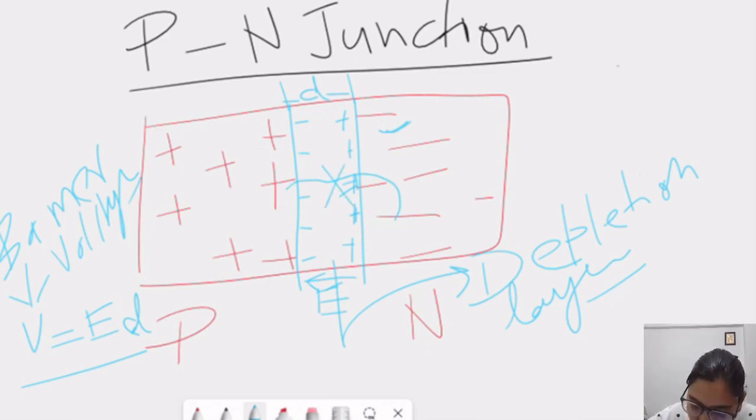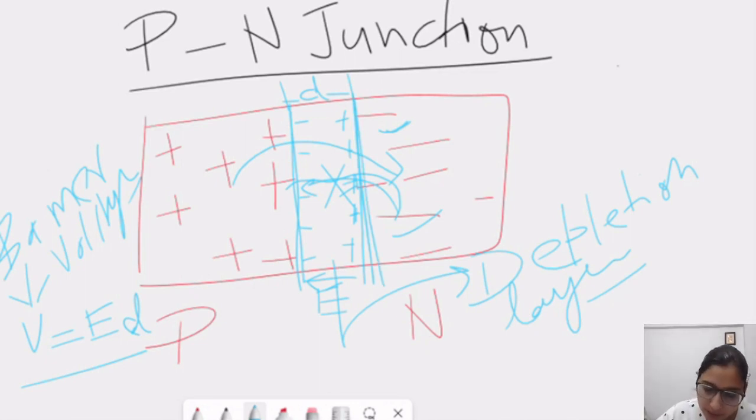Why so? Because this electron doesn't have sufficient energy to jump at room temperature. Similarly, this hole doesn't have sufficient energy to jump and recombine with an electron in this region. So, now this region acts as a barrier here. This is considered the barrier voltage.